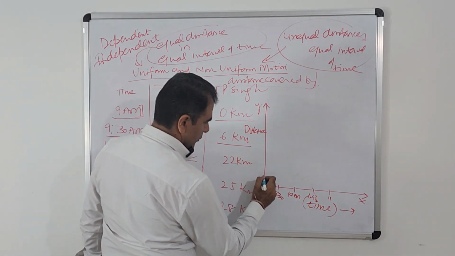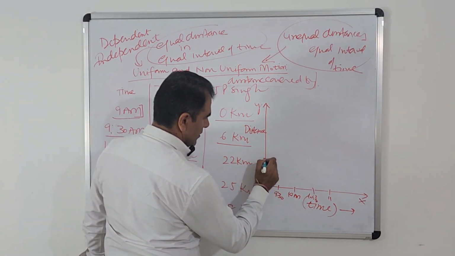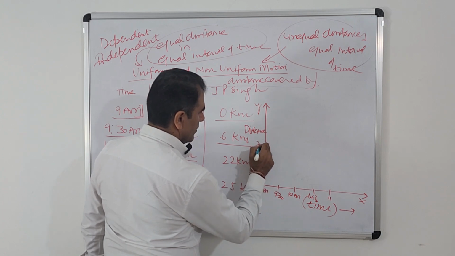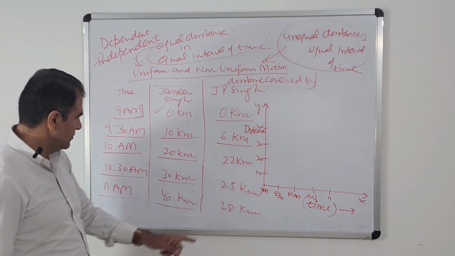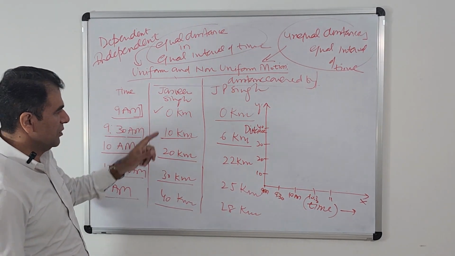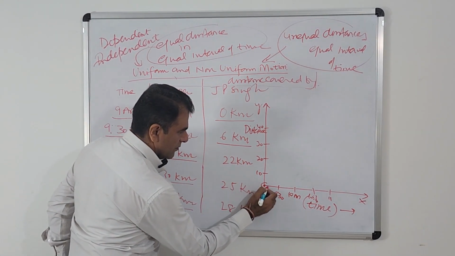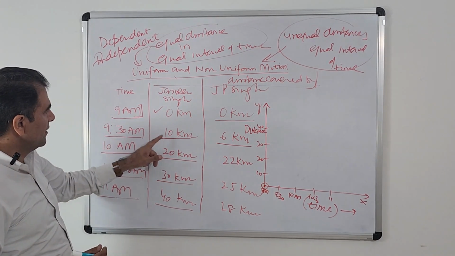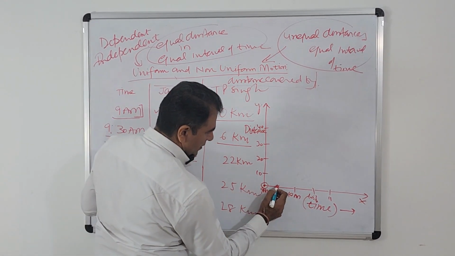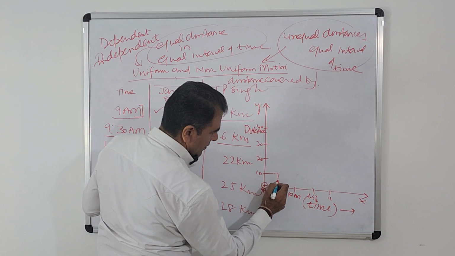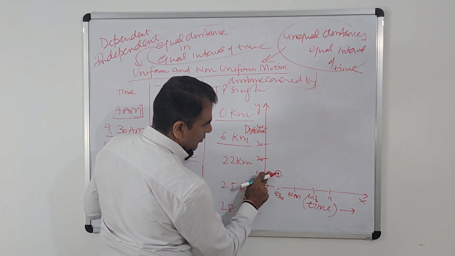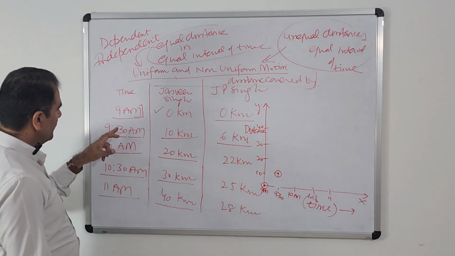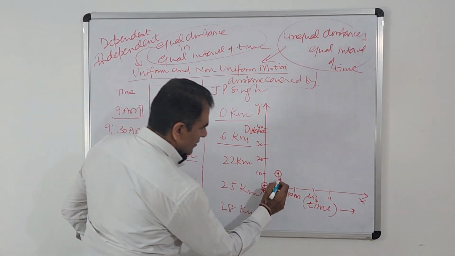So 10, 20, 30, 40. So at 9 a.m. it was 0 here. At 9:30, Jasveer Singh, 10. This is 10. This is 9:30. So you take this. You can remove this. Okay. Now at 10 it was 20.